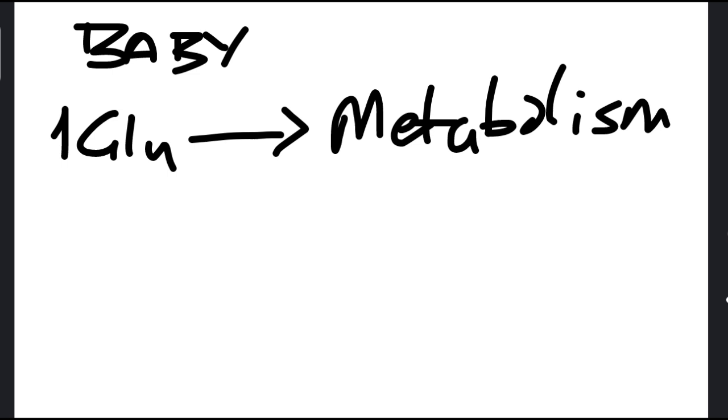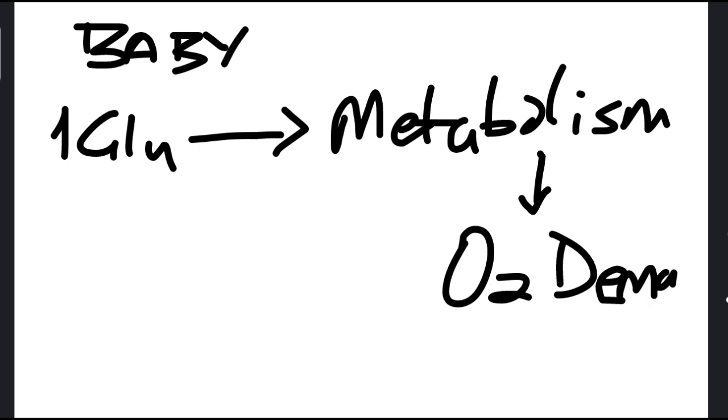Now, when we're dealing with metabolism, ultimately there will be an increase in the oxygen demand. This increase in the oxygen demand, remember the compensatory mechanism. If as a person, whatever age you are, when you have an increase in your oxygen demand, as a compensatory mechanism, you increase your respiration rate, so you begin to breathe faster.